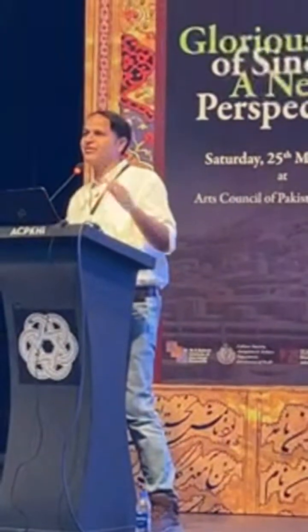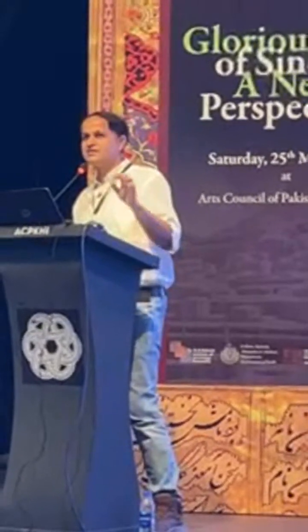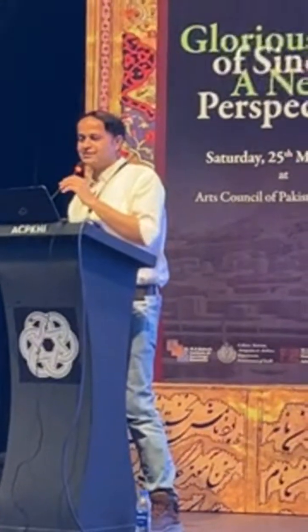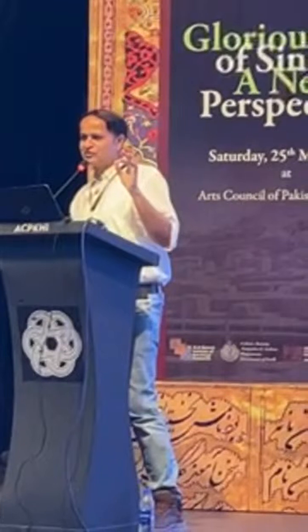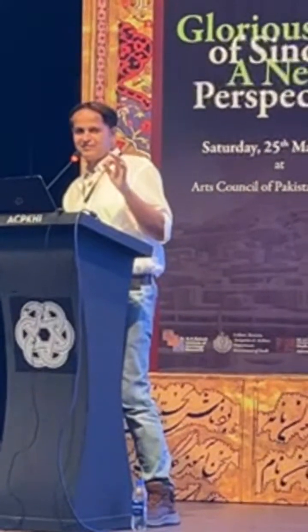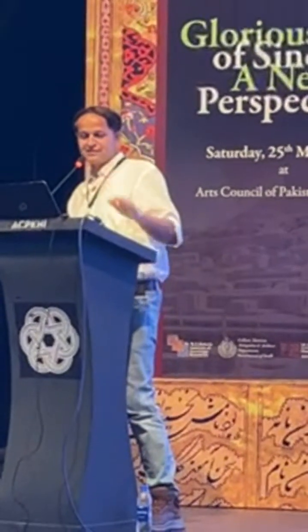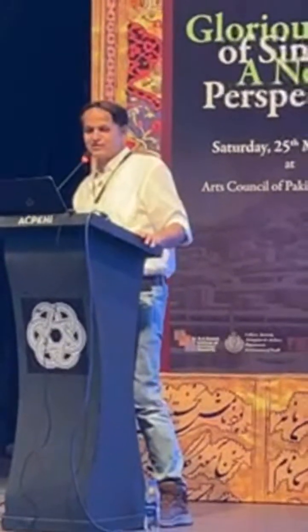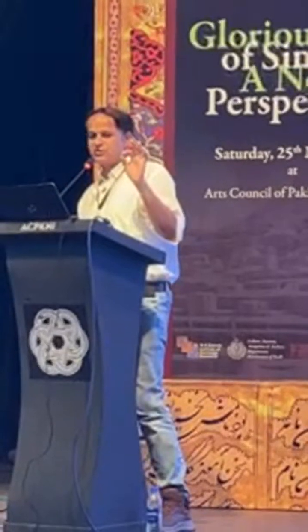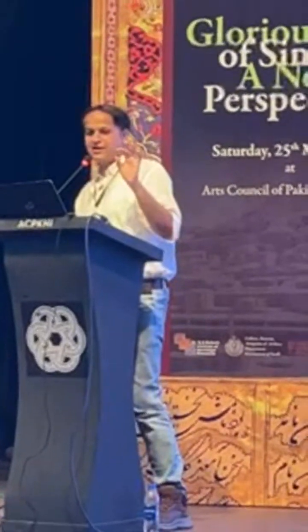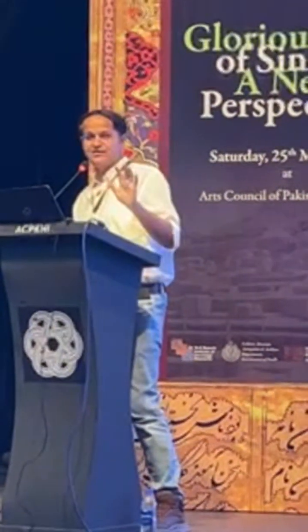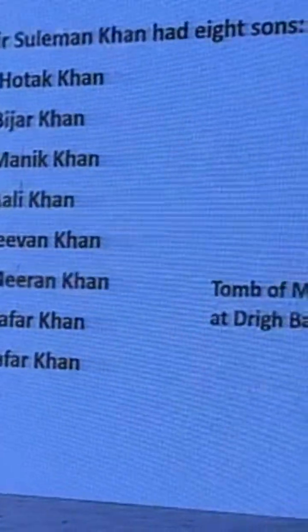Why am I reading these names? It is important to know that the descendants of Mir Suleiman ruled all over Sindh. I will come to this point later on. So he had 8 sons: Hotak, Bijar, Manik, Ali, Jeevan, Miran, Dafar, and Safar.